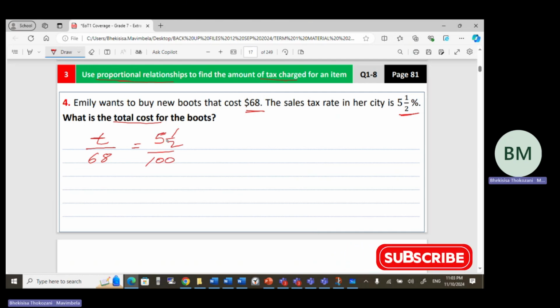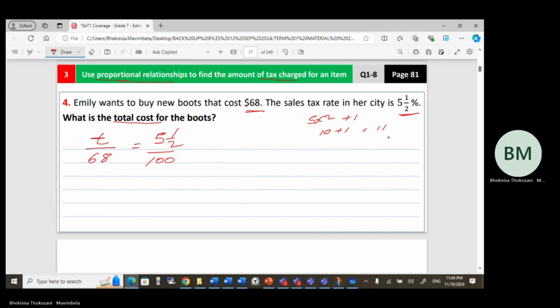We're going to change this mixed number fraction into an improper fraction. So we know that this can be 5 times 2 plus 1. So 5 times 2 is 10, plus 1 is 11. So we'll have 11 over 2, all over 100.